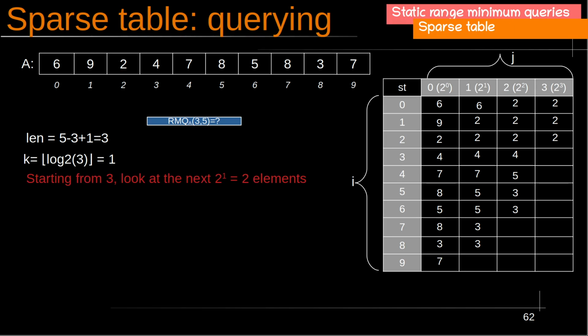So the first value is starting from 3. Look at the next 2 power 1 cells, which is 2 elements, 2, 1, and that value is stored in the sparse table at position 3, 1, which is this one, the red one.